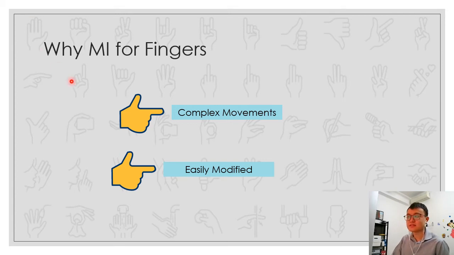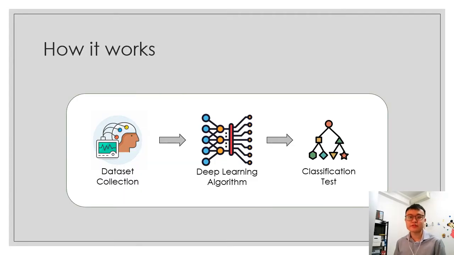The reason is fingers are the body part that can do the most complex movements. So if we can classify these movements, we can easily modify our project to classify movements from other body parts.